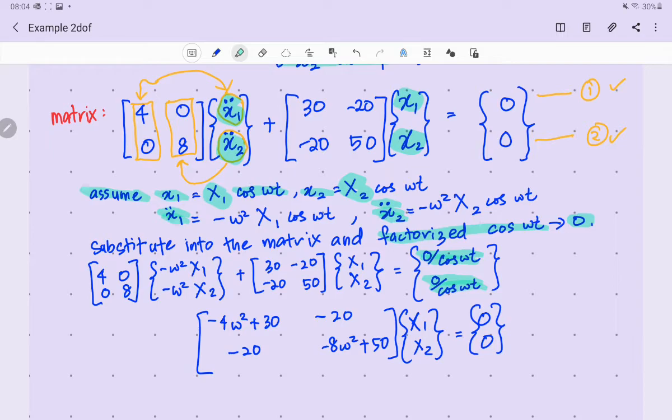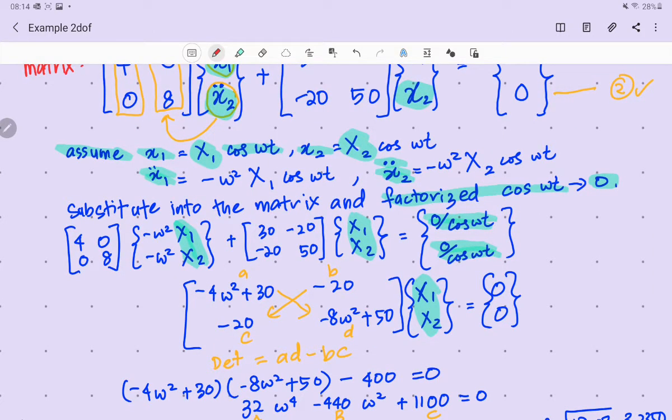If you substitute that, you can see there is a common vector of x1 and x2 here. So you can write it and collect the terms so that you get everything in terms of x1 and x2. So now it's easy. Then you can get your determinant.